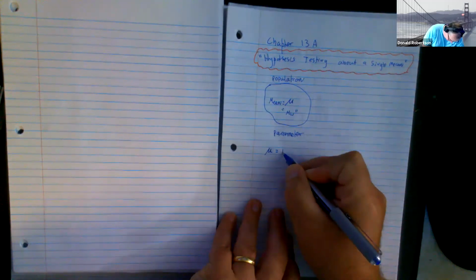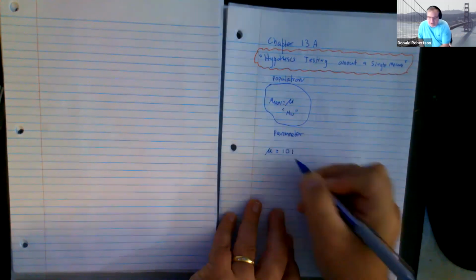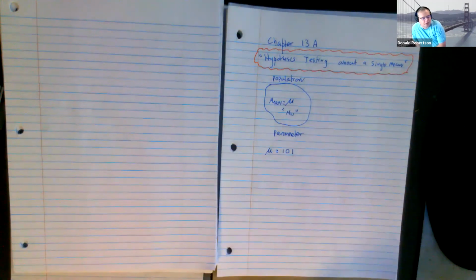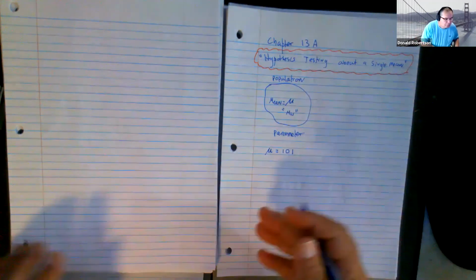Now, we would like to do a hypothesis test looking at, has the mean changed? Right. So can you imagine that it used to be that the average IQ, the mean IQ of Scottish people was 101, right? Say that as granted.